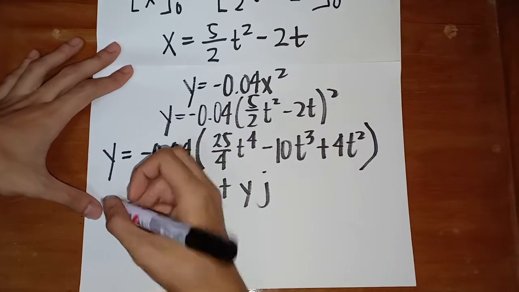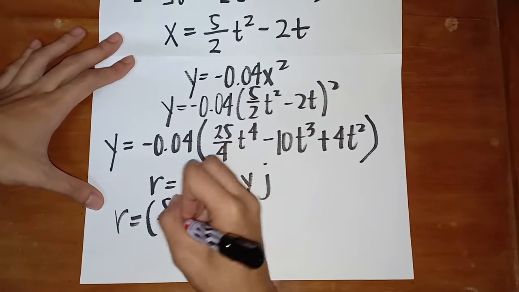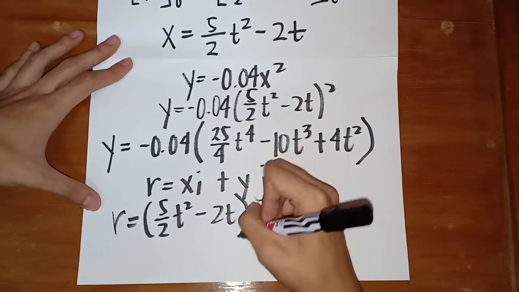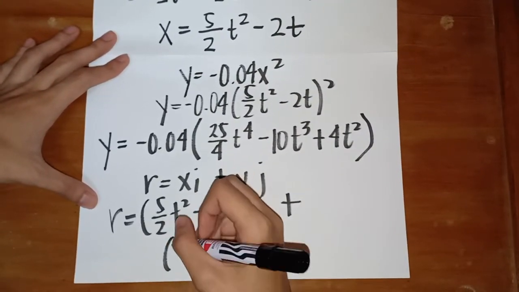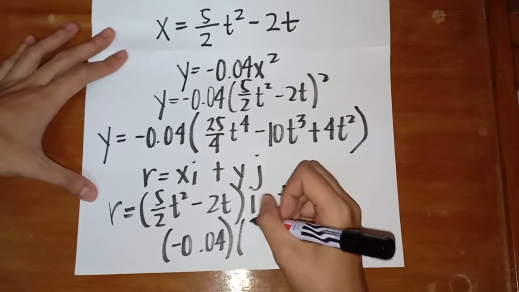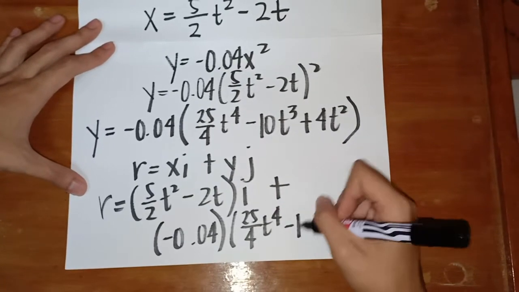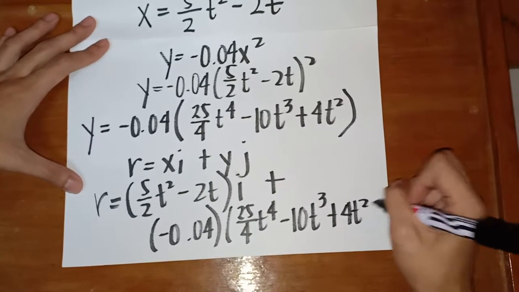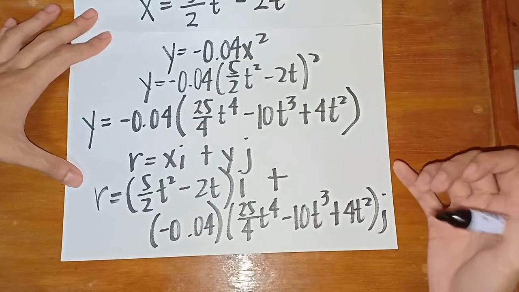So, makakuha tayo ng equation na r is equal to 5 halves t squared minus 2t i plus negative 0.04 times 25 over 4 t raised to 4 minus 10t cubed plus 4t squared j. Ayan na yung position vector natin.